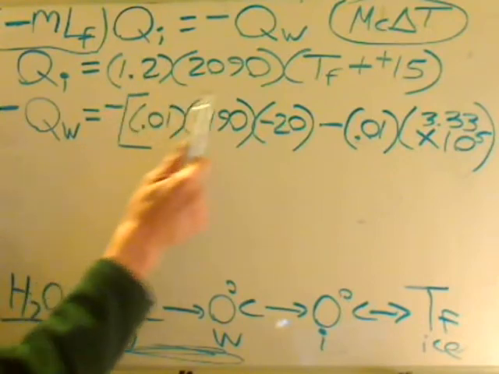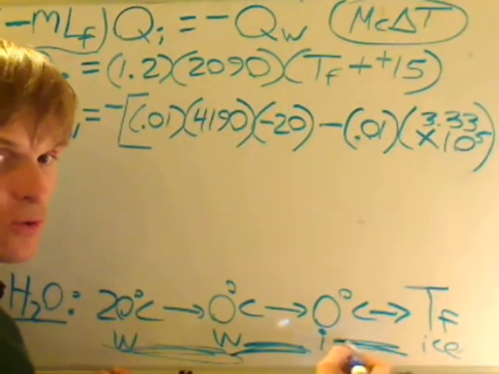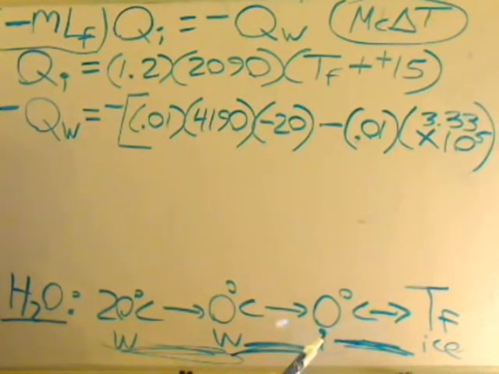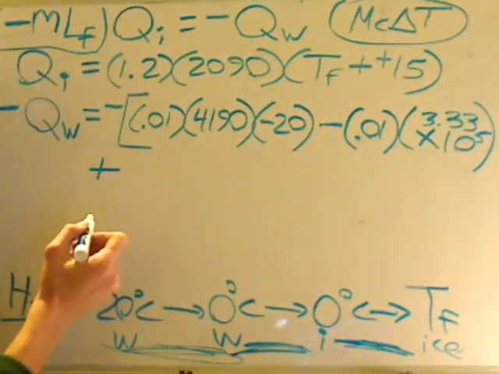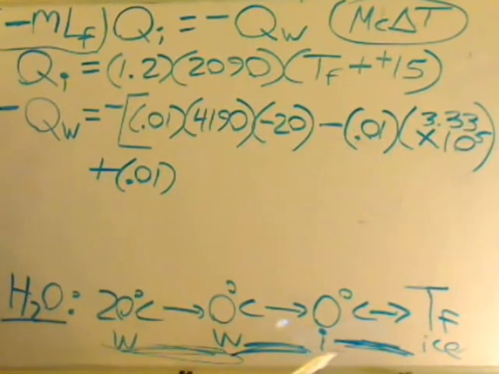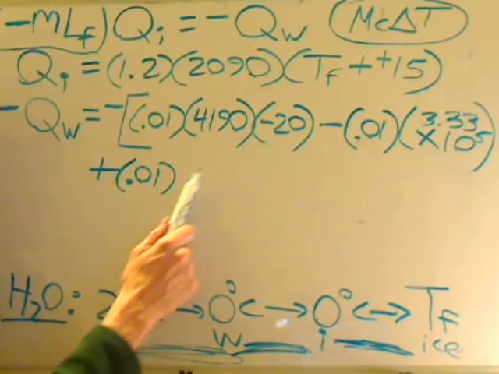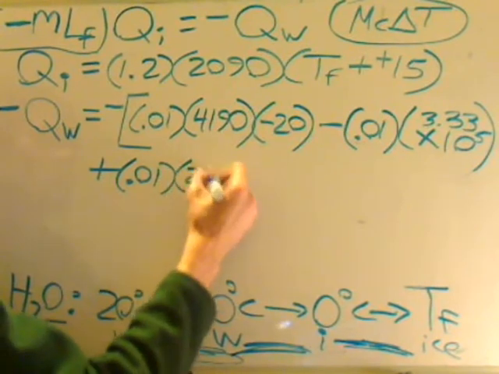Then finally, that was this stage. We have our last stage of cooling. We have our sample at 0 degrees Celsius as ice cooling to our final temperature as ice. So then we have another mc delta T in here. Mass is 0.01. Now, this sample, which was originally water, is now ice, so we have to use the specific heat of ice here, which is 2090.